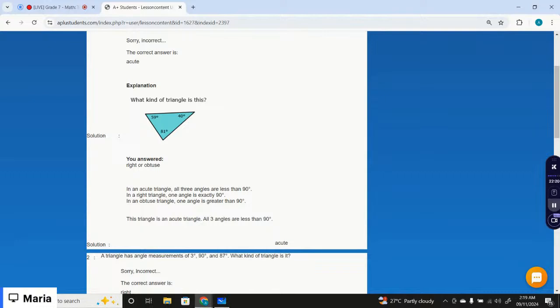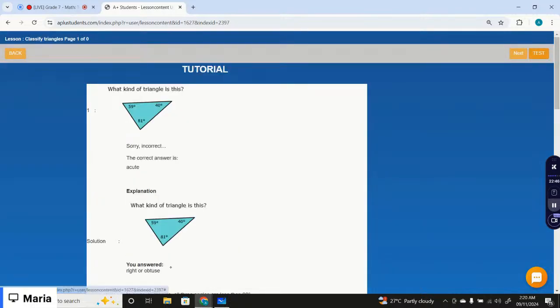In an acute triangle, all three angles are less than 90 degrees. In a right triangle, one angle is exactly 90 degrees. In an obtuse triangle, one angle is greater than 90 degrees.